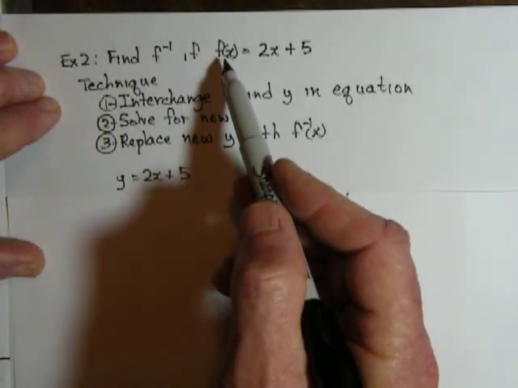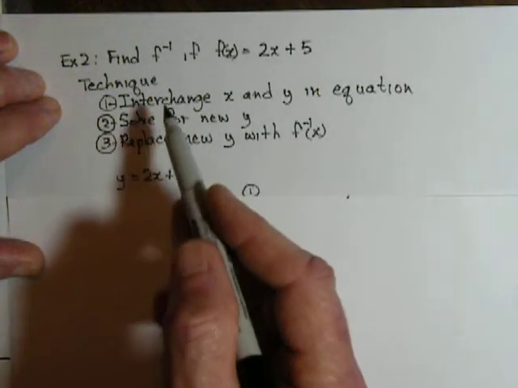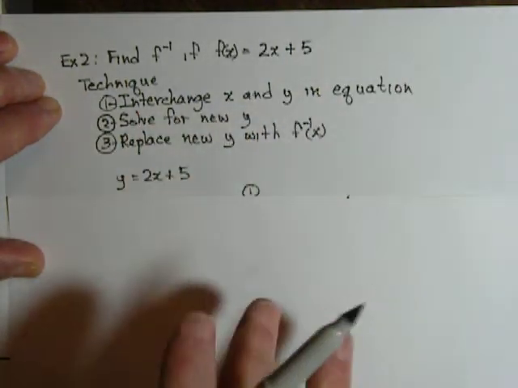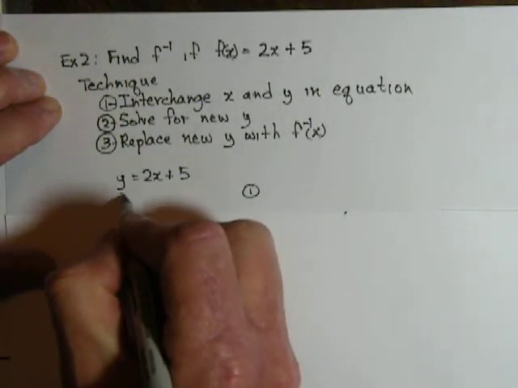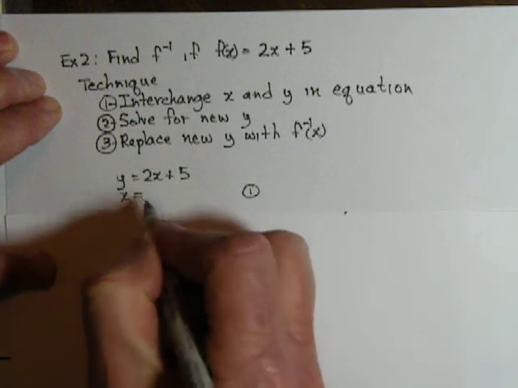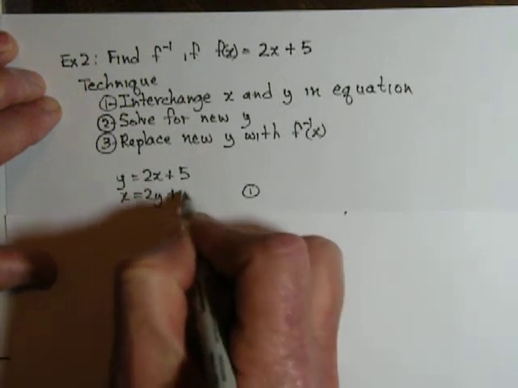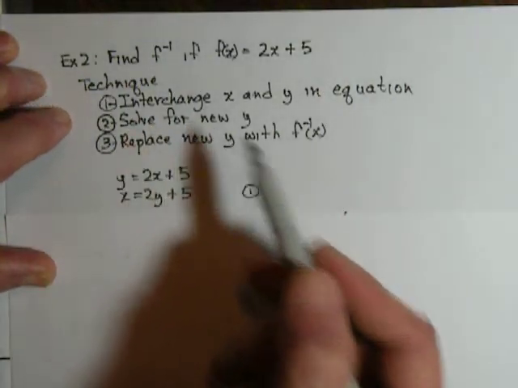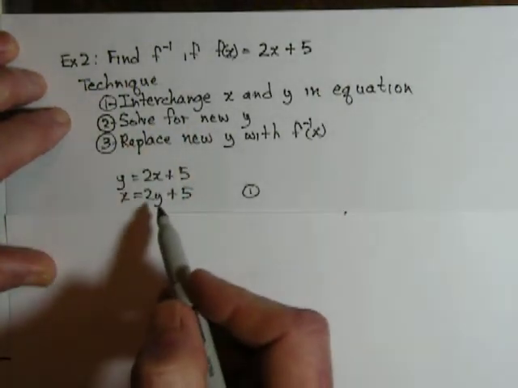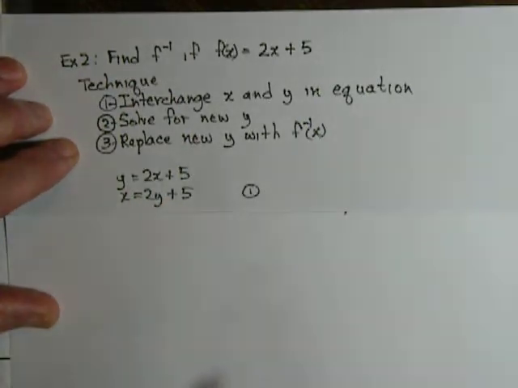Notice I put y in place of f of x. Y equals 2x plus 5. Now, step 1 says to interchange the x and y in the equation, so I'm going to do that. So in place of y, I put x. Where x was, I'm going to put y. So I have x equals 2y plus 5. Step 2 says solve for the new y. So basically, I'm going to get this y by itself, which means I've got to move the 2 and the 5.